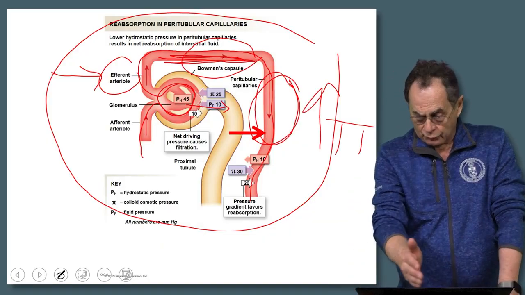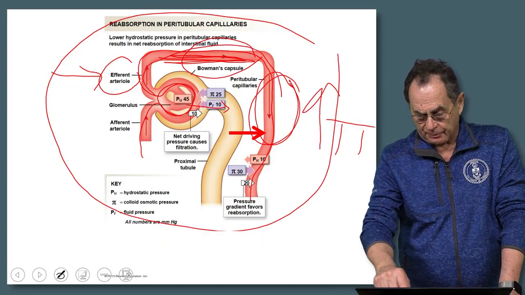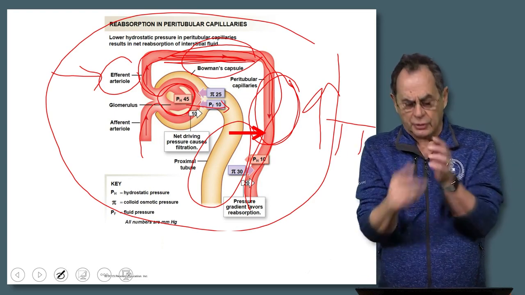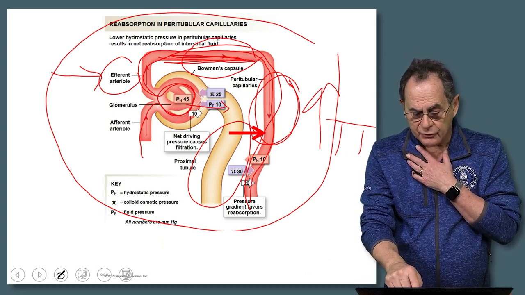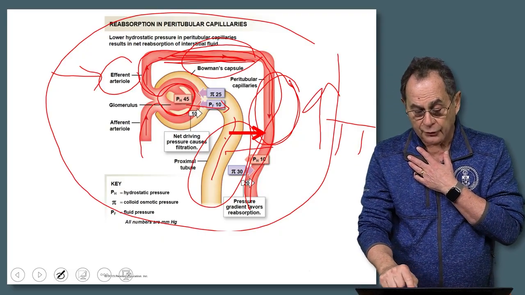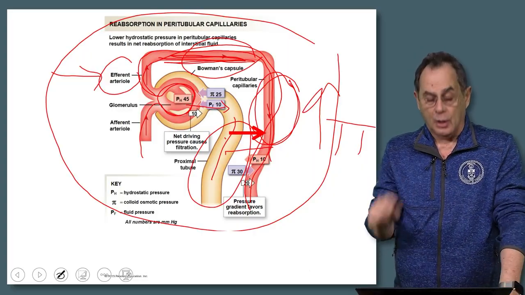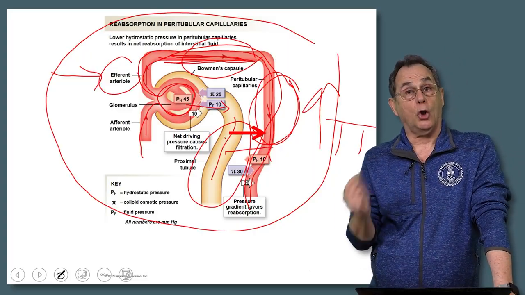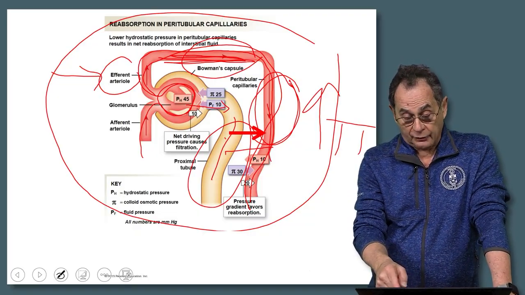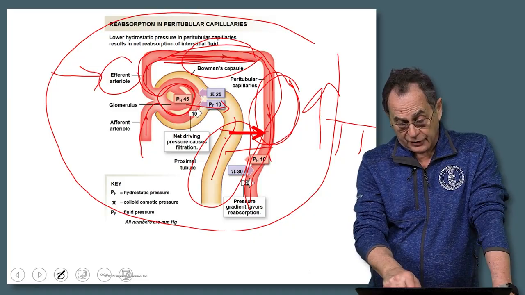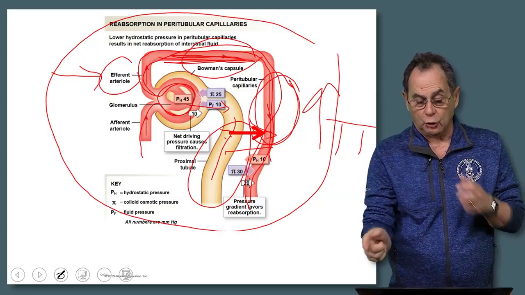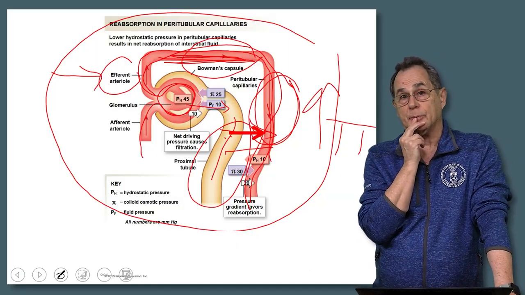So when you swing around into the peritubular capillary and the proximal tubule in close juxtaposition, there are Starling forces that favor the movement of water from the lumen into the peritubular capillary. The hydrostatic pressures are low in the proximal tubule and low in the peritubular capillary, which favors this movement, and the oncotic pressure tends to pull the water from the lumen into the peritubular capillaries.